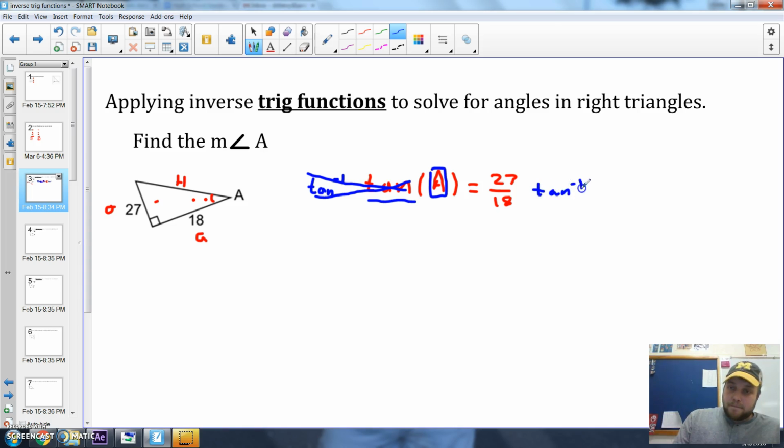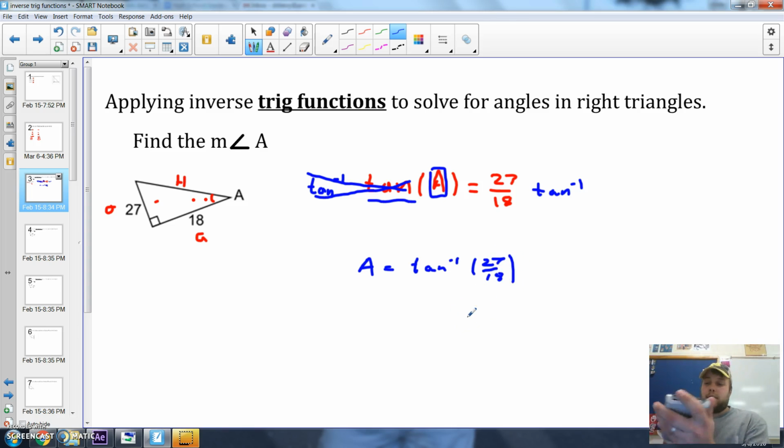So what I'm going to do is A equals the tan inverse of 27 divided by 18, and whatever that answer is. So here I'm going to plug it in.